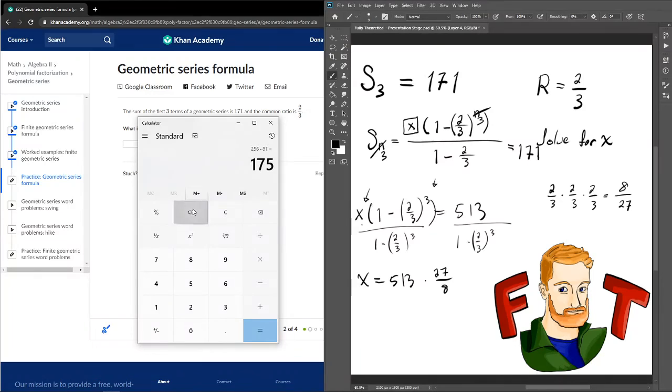Where is it at? Okay, here we go. So 513 times 27 over 8. Did I type that in wrong? I must have. 513 times 27 divided by 8. This is not looking too promising.